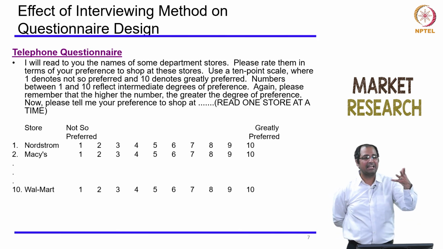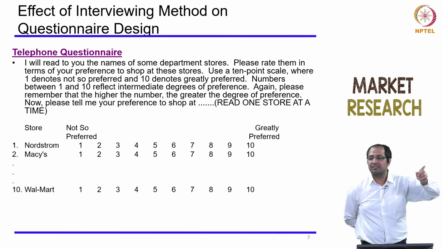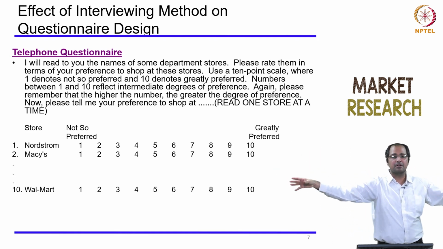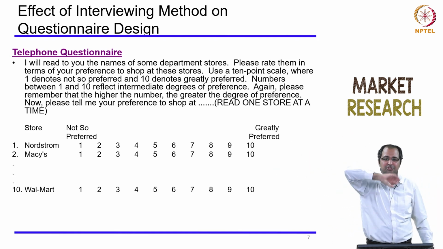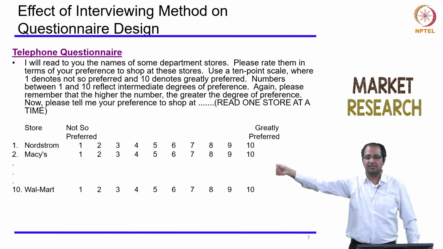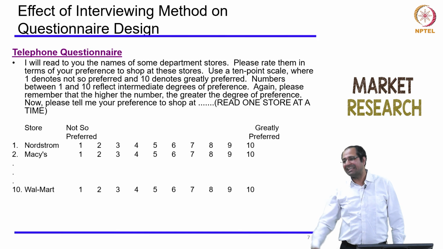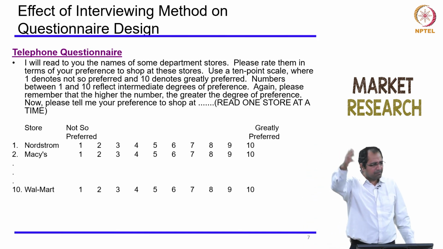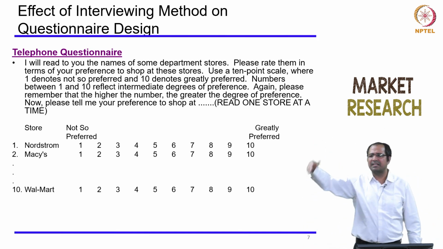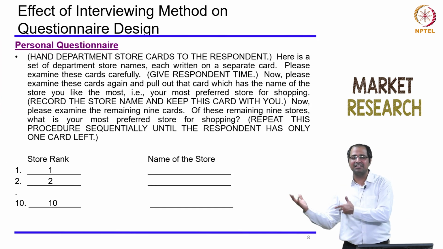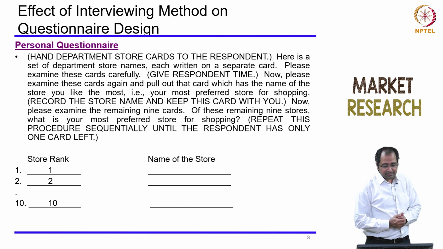When you are asking by telephone, you can say how much you prefer buying from this store, 1 to 10. 10 strongly prefer, 1 not at all prefer. Store number 1, store number 2. That will be easy on the telephone questionnaire. And then whatever score you got, you can arrange into rank order 1 to 10. If face to face, it can be done in the way given on the screen.